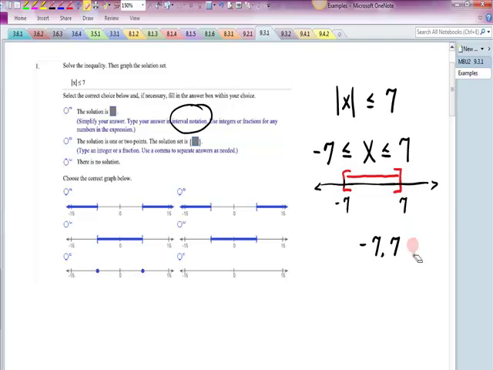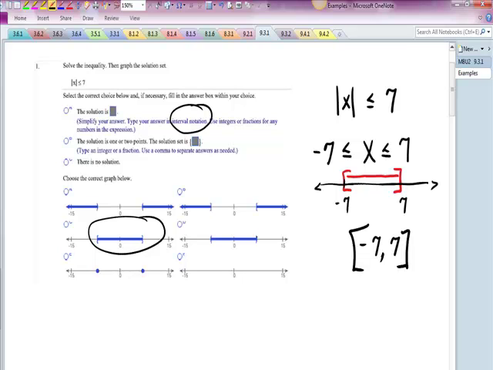And these will be brackets. That's a comma. All right, so as I look at my choices, it is this one. And you can tell the brackets right here as opposed to the parentheses that are here.